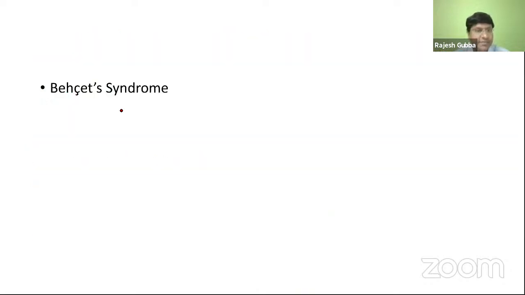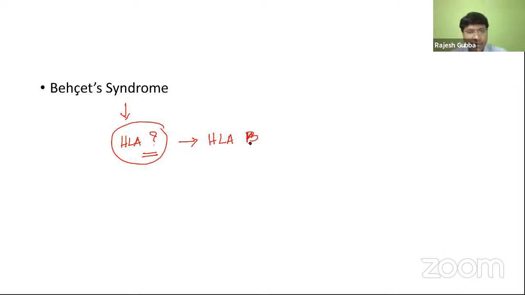In Behçet syndrome, can anyone tell me what is the HLA association? So the HLA association in Behçet syndrome, very good, is HLA B51.